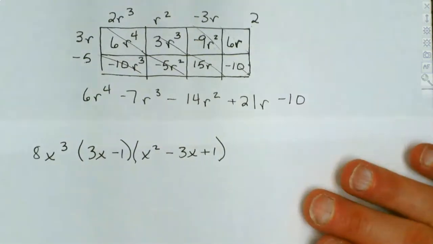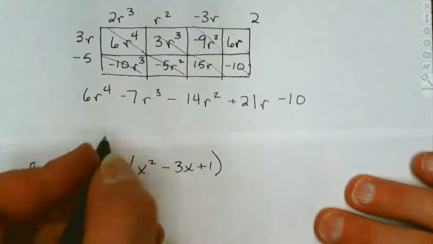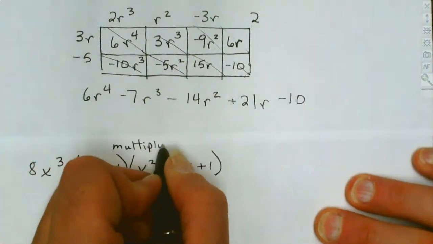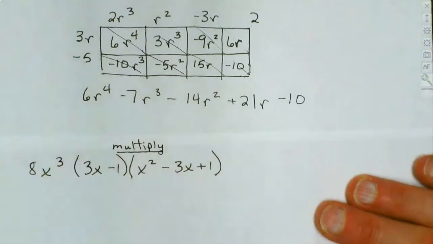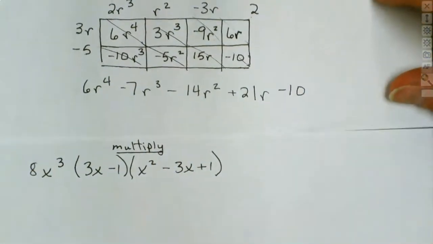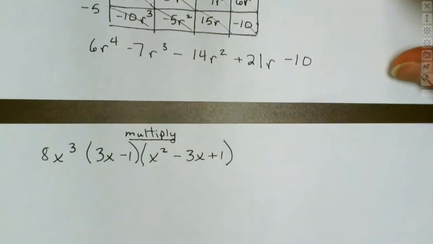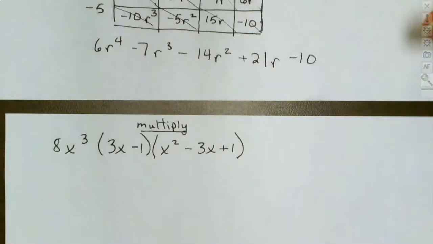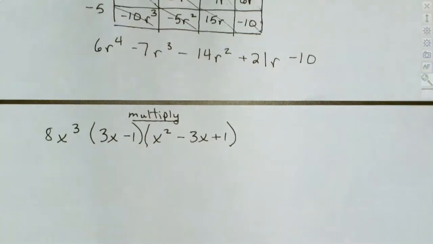So I want you to work on this one. And we want to go ahead and multiply. So this is what we've got. Now remember before when we FOIL and we had something out in front, what did we do first? We FOIL first, right? So the same concept goes here.